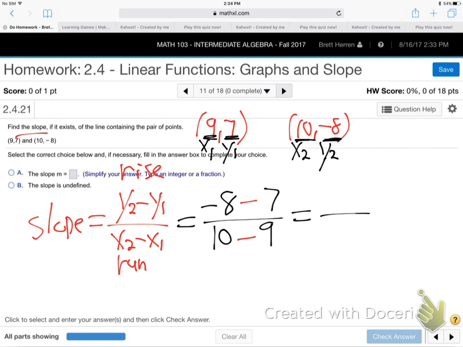Is that good so far? Everybody see what I'm doing there? So what does that become? Minus 15 over 1. So that's just minus 15. We don't leave 1s in the bottom, right? Dividing by 1, 1 goes into 15 times. And there we go. Questions on that? Have you seen that before? Difference of y's over difference of x's, rise over run.